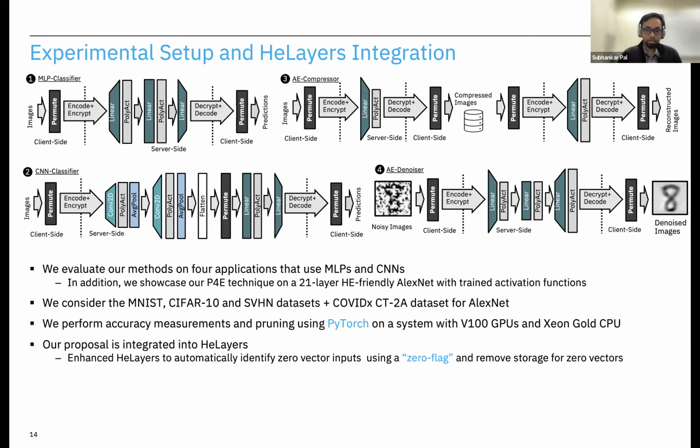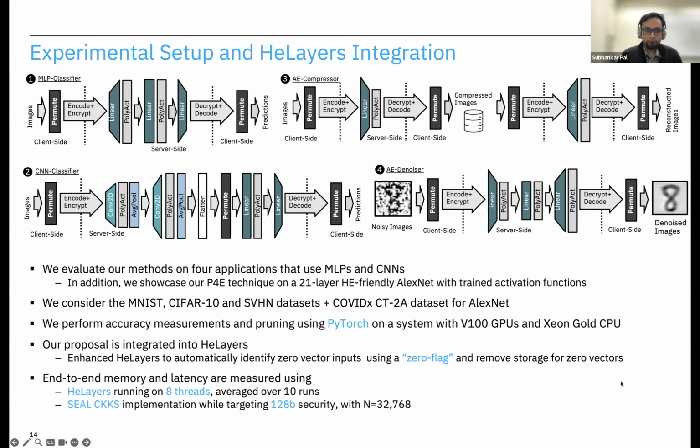It doesn't do any computation with it, and internally, it's not stored, so it doesn't consume any memory. The end-to-end memory and latency results we will show are with these parameters: 8 threads averaging 10 runs, and we used SEAL CKKS with 128-bit security and N equal to 32K.